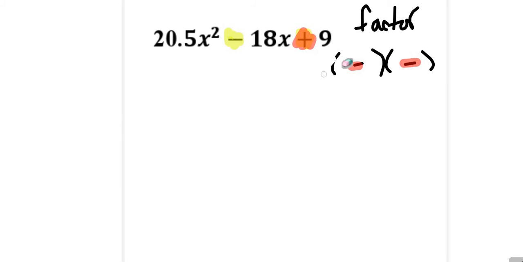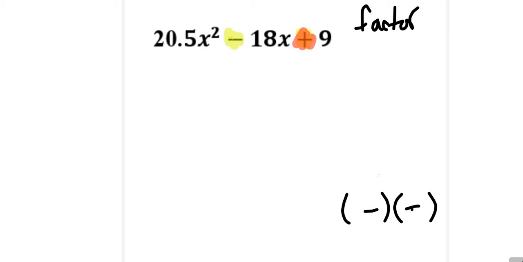So the way I look at this is I factor this first and second. The factors of 5 are 1 and 5. The factors of 9 would be 1 and 9, and 3 and 3.